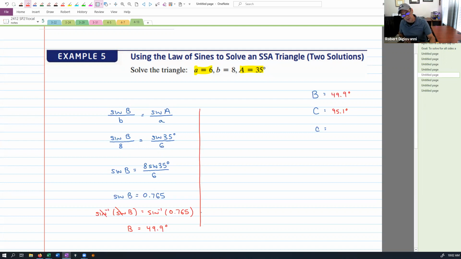Now to get little c, I go little c over sine of capital C equals little a over sine of capital A. So little c over sine of 95.1 degrees equals little a, which is 6 over sine of 35. I clear the fraction out on the left.